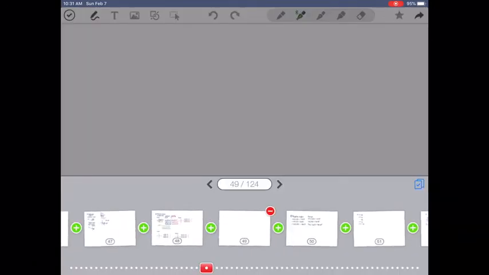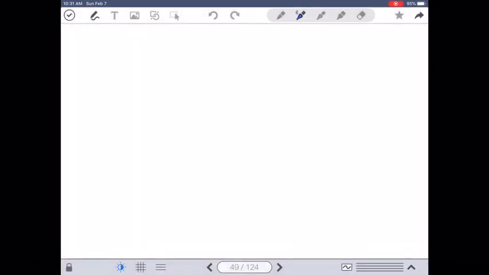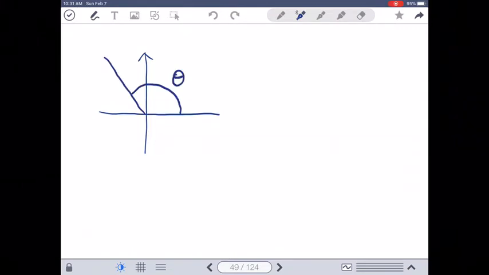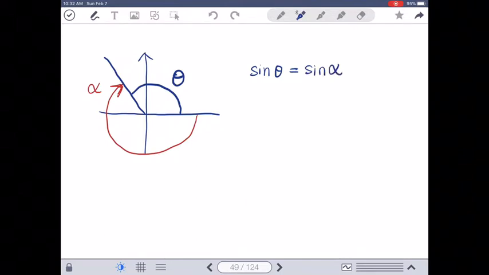So if I want to make a conclusion, suppose that I have an angle here. The positive angle, I give it theta, the negative angle, I call it lambda. We can say that sine theta is just equals to sine lambda. Cos theta is just equals to cos lambda.